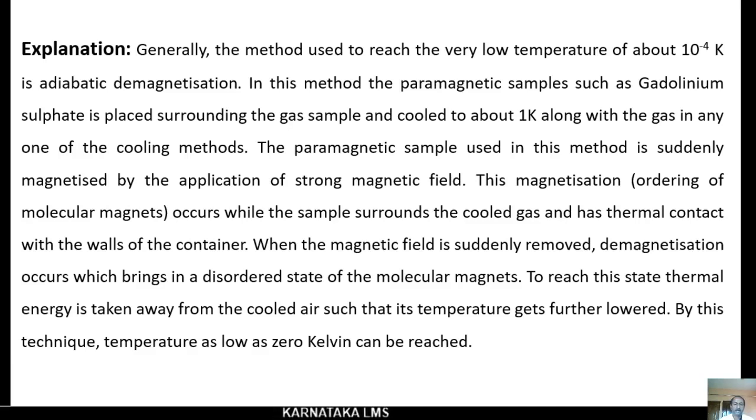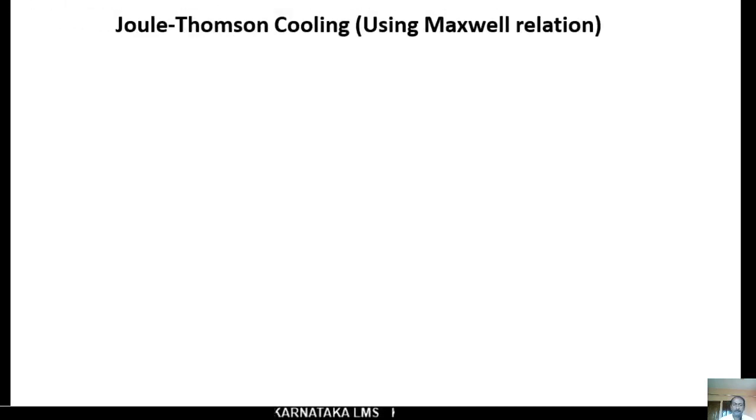By this technique, temperatures as low as 0 Kelvin can be approached. Then it is said to be adiabatic demagnetization. Let us see the Joule-Thomson cooling by using Maxwell's relation.